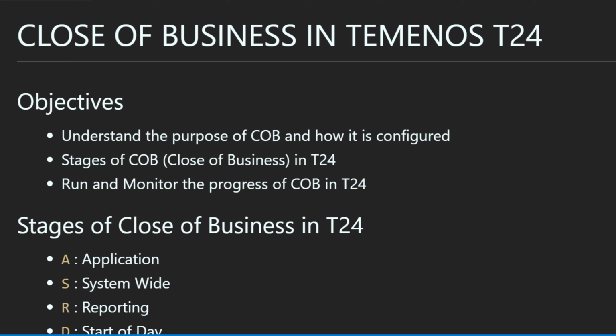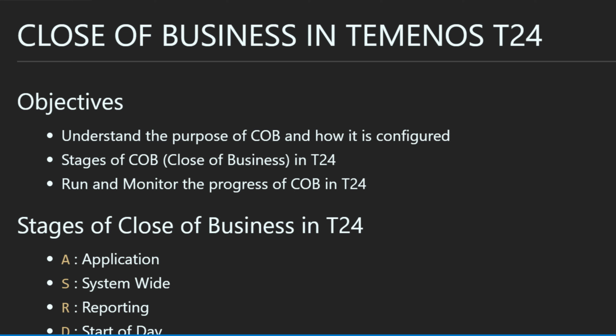Now, what is COB and why do we need COB? COB, or close of business, is an essential part of any bank's daily processing. It should run on every business day. During COB, we have quite a number of important activities which happen. Things like calculation and posting of interest, for instance, happen during COB.